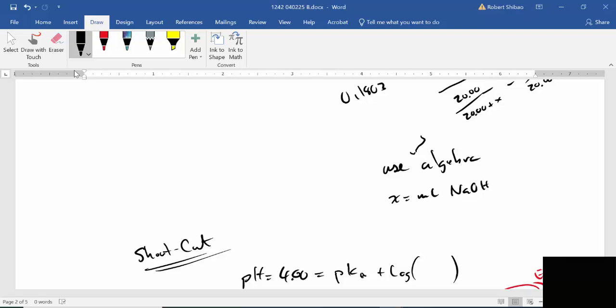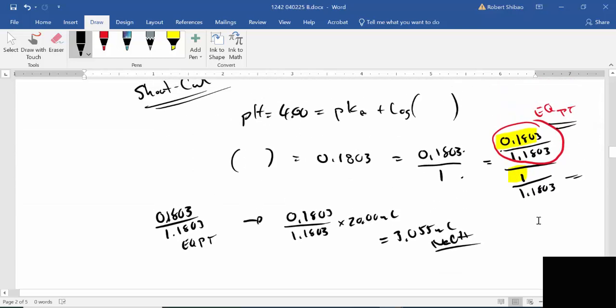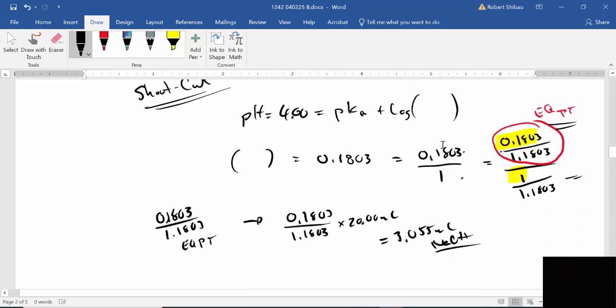And the excess base calculation is something similar to that, but I'm going to stop talking about the titrations. I'll talk more about buffers since we're in this buffer region tomorrow. So we should get the same 3.055 milliliters if I use the algebra to solve this here. Get the same.